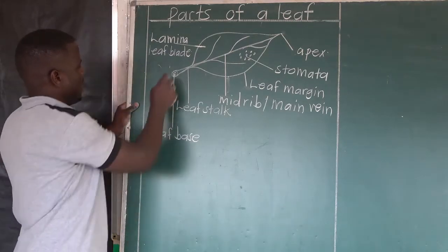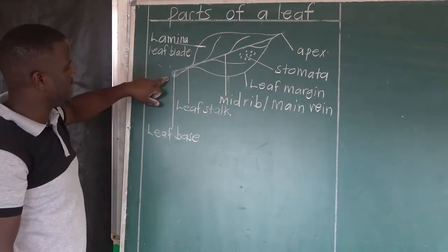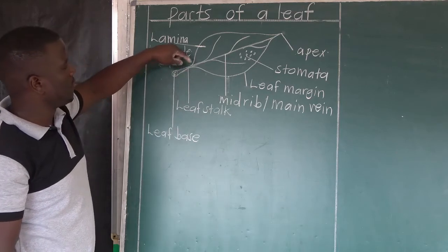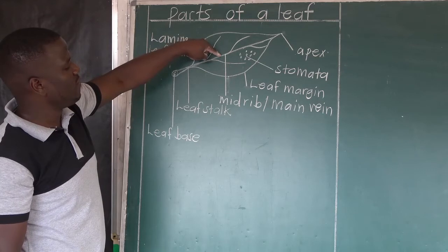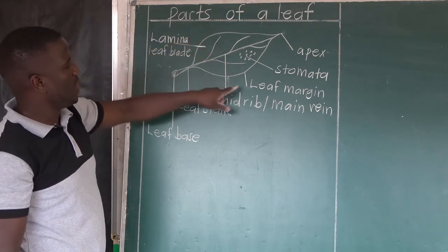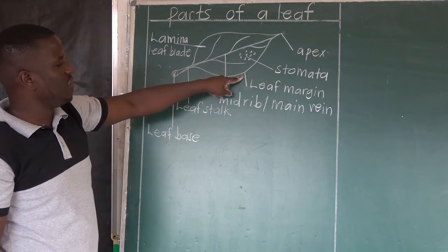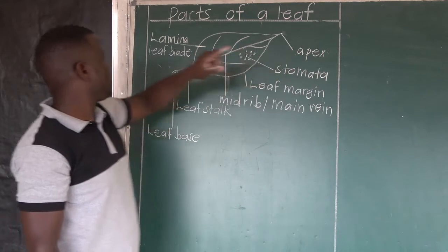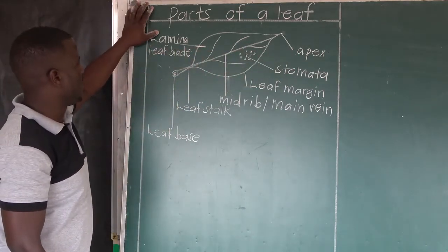I've said this part is called leaf base. This one is leaf stalk. Then we have midrib or main vein. Then this one here, we call it leaf margin. We have stomata, then we have the apex. Then this way we have what we call lamina.